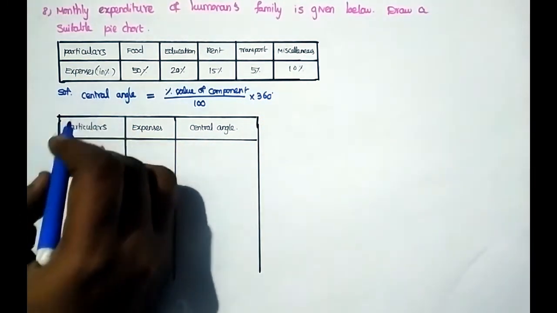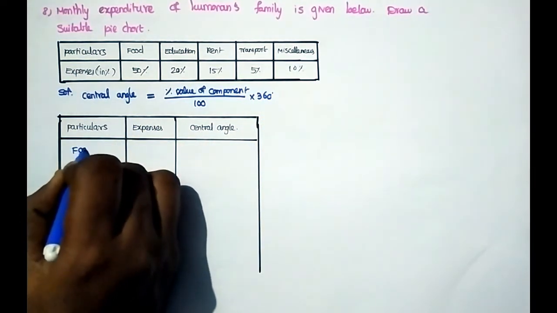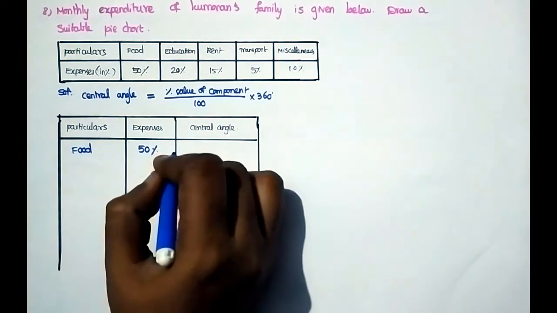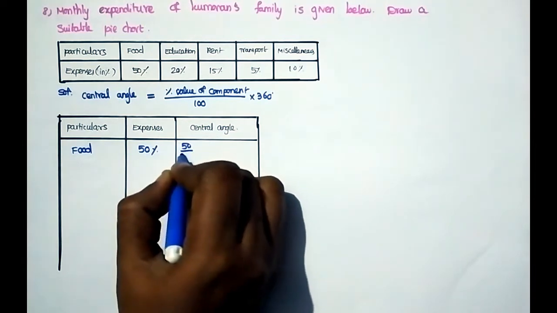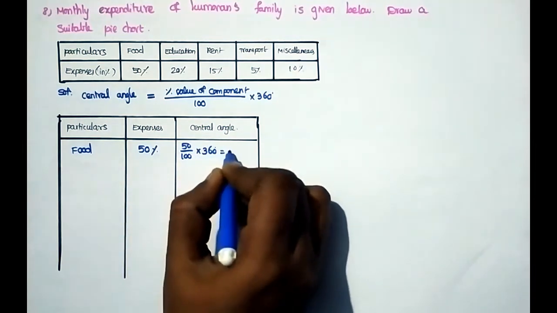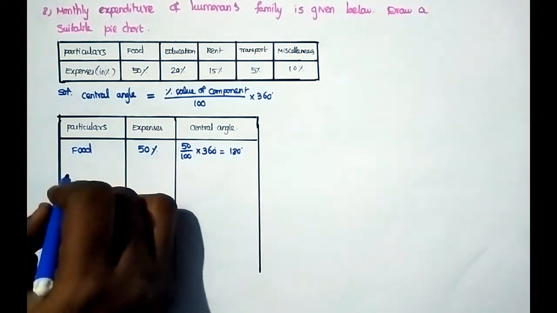Now find out that first one, food, how much? 50%. So 50 divided by 100 into 360 equal to 180 degree.